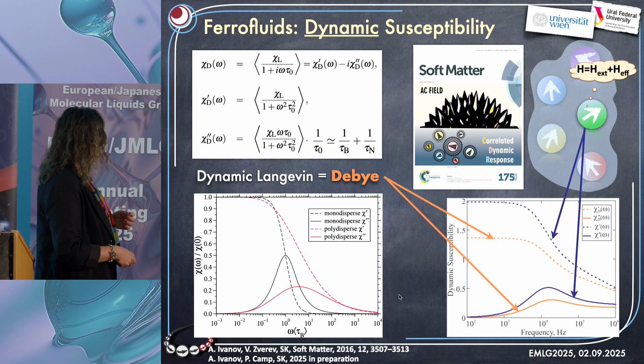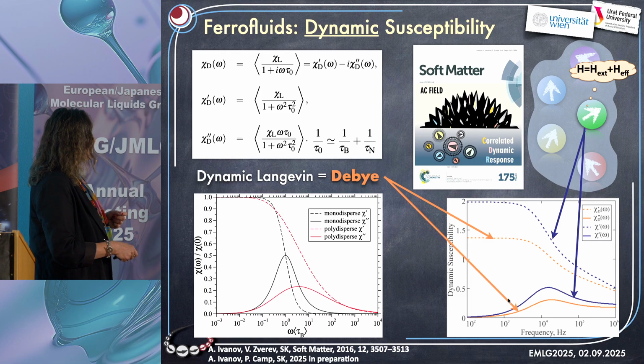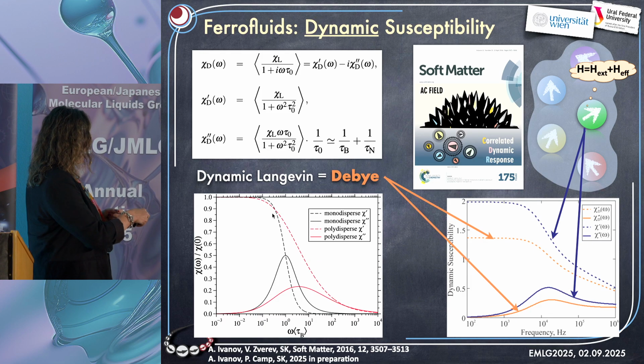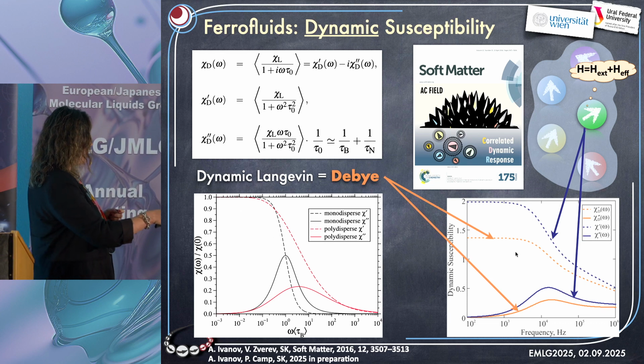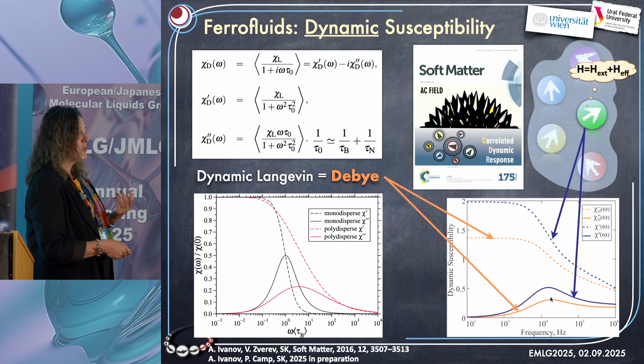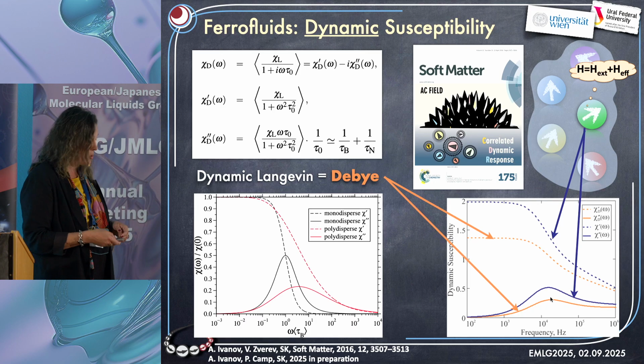Right. Now, if instead you start adding some interactions, the classical Debye spectra changes, and changes pretty much. You can see that the position and the height of the imaginary susceptibility change. Now let's try to understand how exactly it changes.